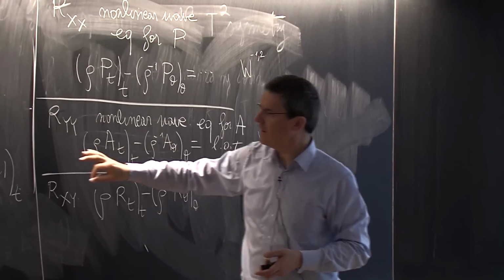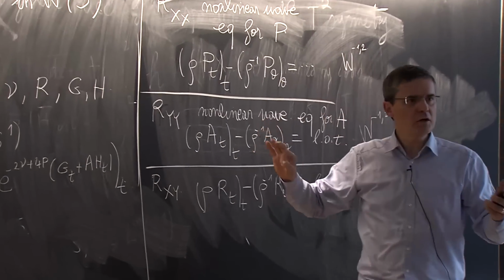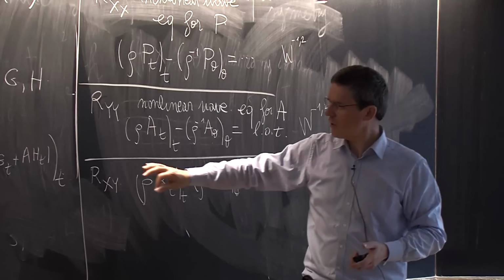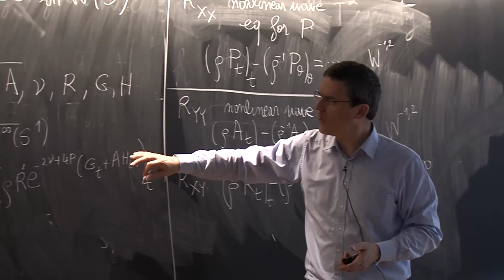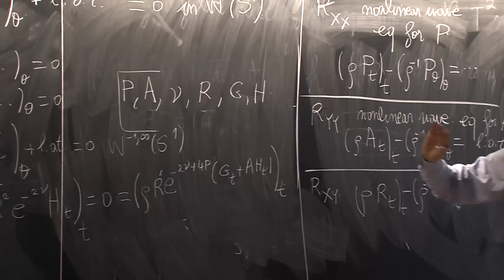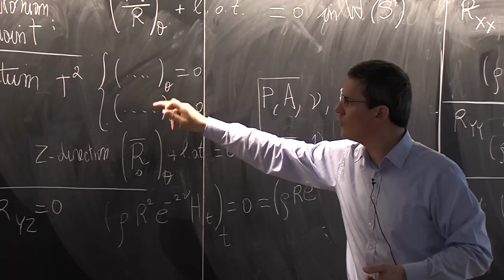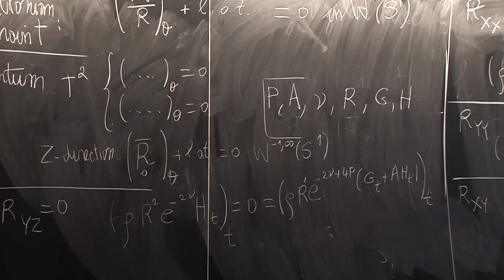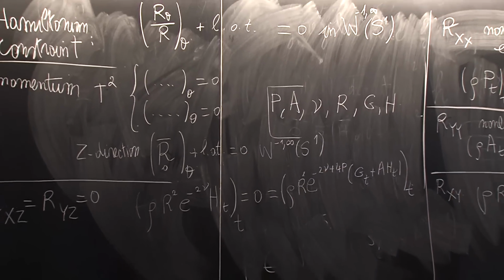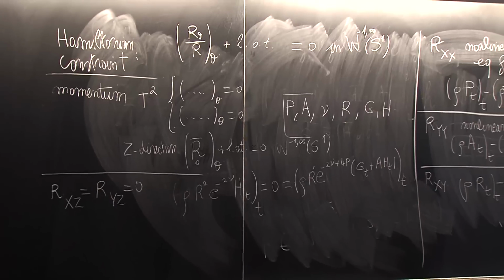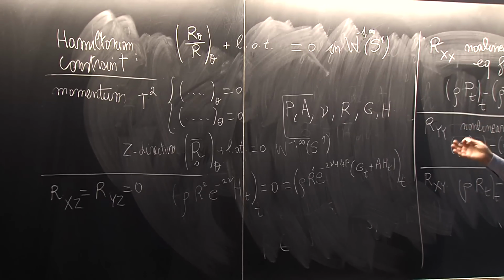And fortunately, it's not completely messy because we have been able to identify some quantities that are actually conserved. These four equations here correspond to the so-called twist coefficients, conservation of the twist coefficients in space and time.